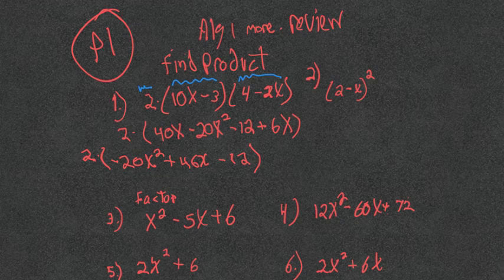So I'm going to end up with negative 40x squared plus 46x times 2 is 92x, plus 92x, you can read that, minus 12 times 2 is 24. 24, kind of small there, I hope you can read it.